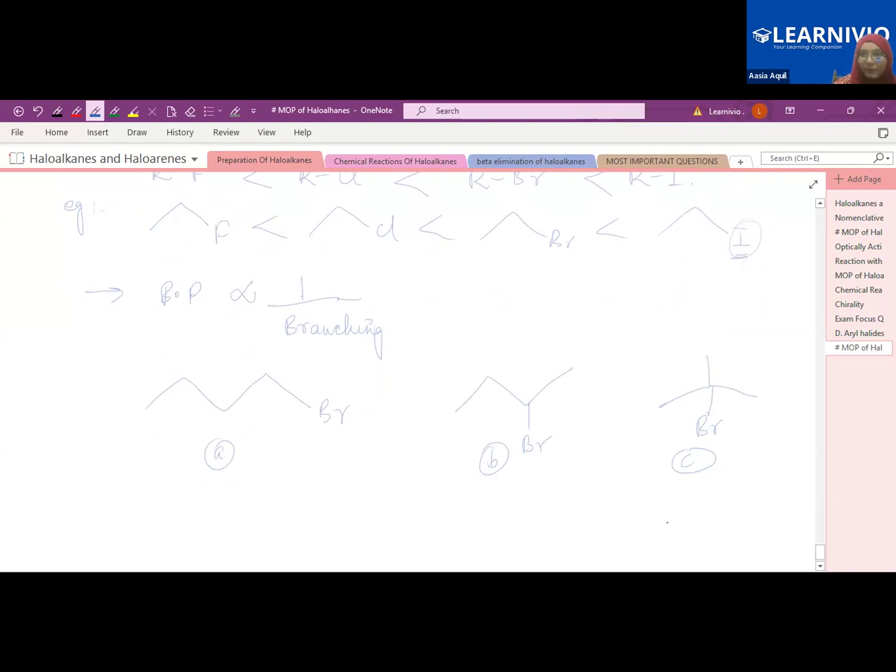More the branching, less will be boiling. Which one has the least? C. Yes, C will have the least, because here you can see more branching. And A will have the highest boiling point, because it's a straight chain, there is no branching. So that's the order: A will have the highest boiling point, then B, then C. C will have the least boiling point.